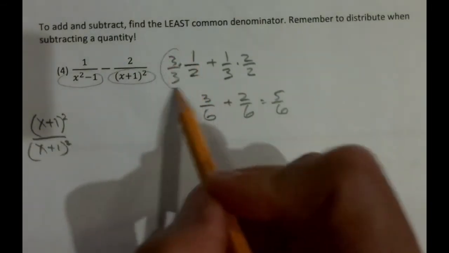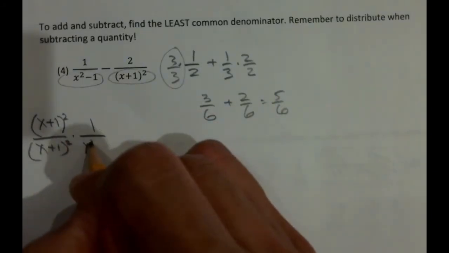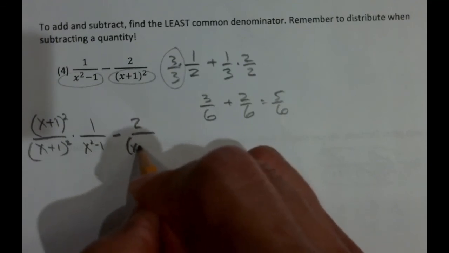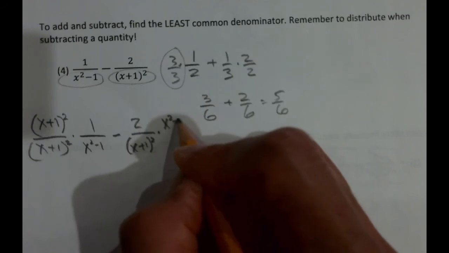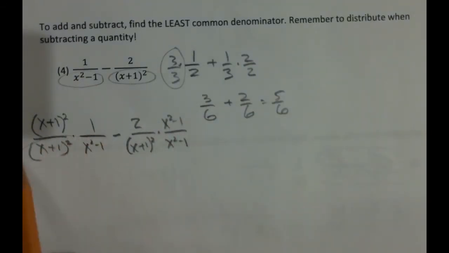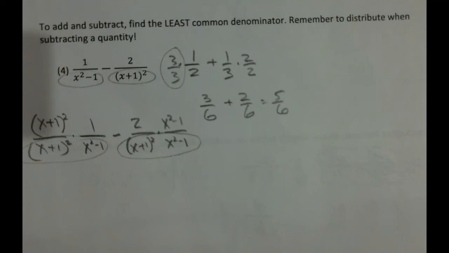Right, that's the equivalent of my 3 over 3 times 1 over x squared minus 1 minus 2 over x plus 1 squared times x squared minus 1 over x squared minus 1. Whew! Right, so this is going to be my common denominator. Okay, but that's really ugly. You want to see and you want to find out if that's actually necessary, and here's how you would do that.